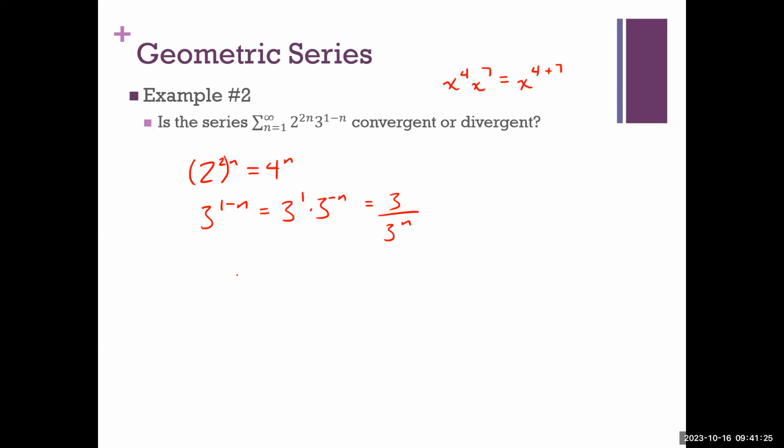Okay, so what did we just do? I think we found a way to rewrite this series as 4 to the n times 3 over 3 to the n. Do we have any votes yet on whether this thing converges or diverges?